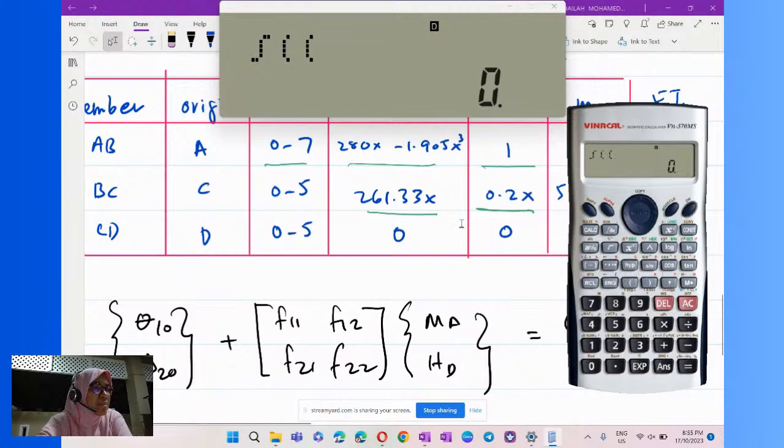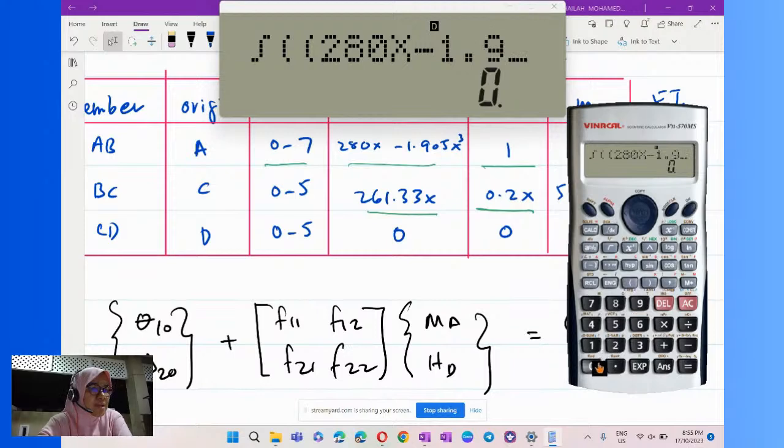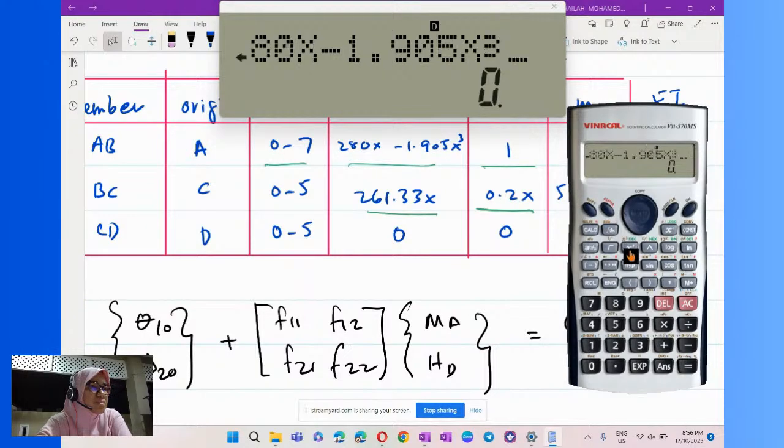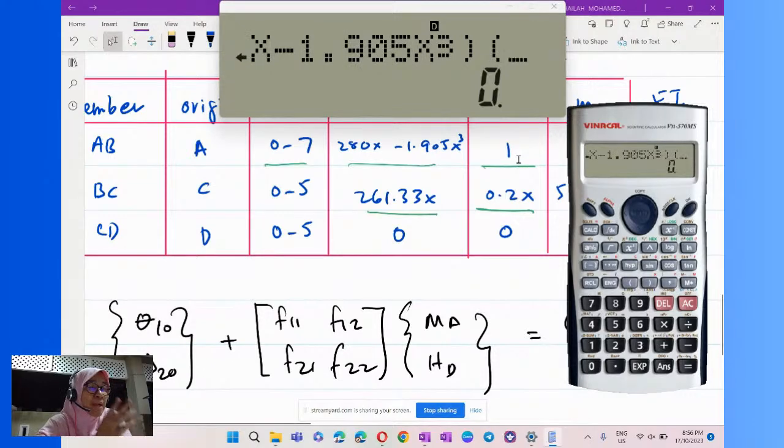We integrate 280x minus 1.905x cubed, close bracket, times 1.